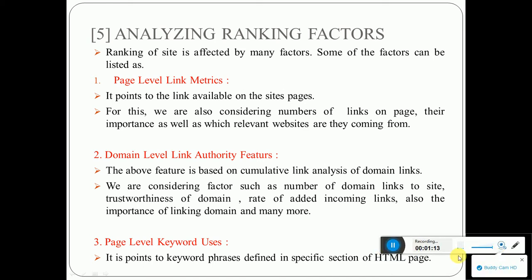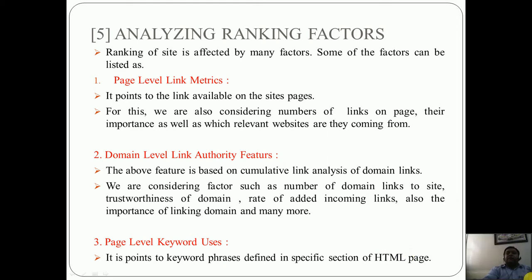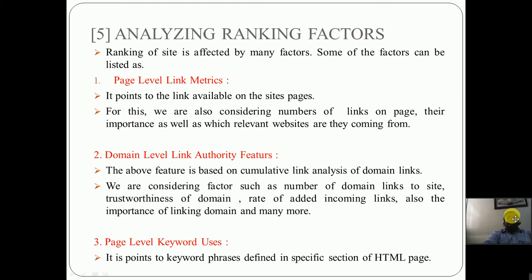Here we will see, for example, the page level link metrics. What is called page level link metrics? It points to the links available on the site pages. When the site pages are there, inside so many links are available.